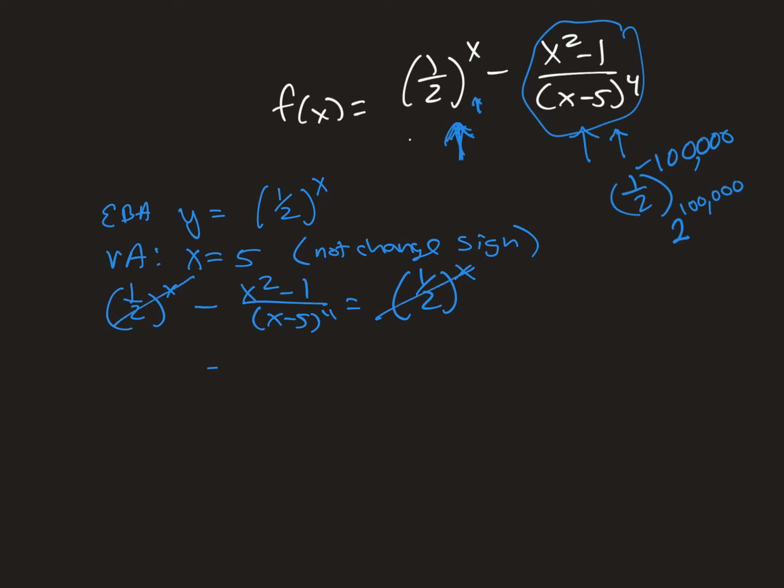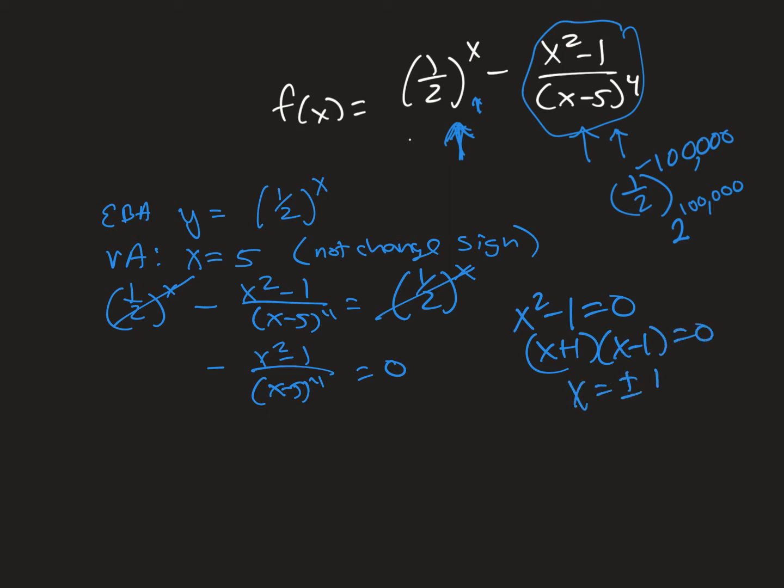So you just have this negative x squared minus 1 over x minus 5 to the 4th equals 0. And I can multiply both sides by negative 1, but in the end, the only way this equals 0 is if x squared minus 1 equals 0, or x plus 1, x minus 1 equals 0, or x equals plus or minus 1.